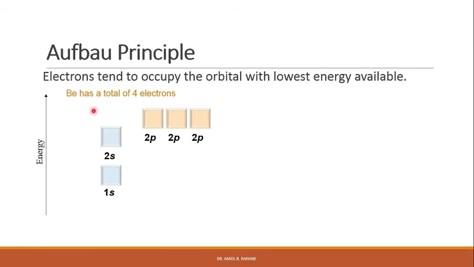Now let us consider another atom, beryllium. Beryllium has 4 electrons. So where will these 4 electrons go? Again 2 electrons go in the 1s orbital, and the third electron goes in the 2s orbital, right? Now when the fourth electron comes, it will pair with the 2s electron, right?